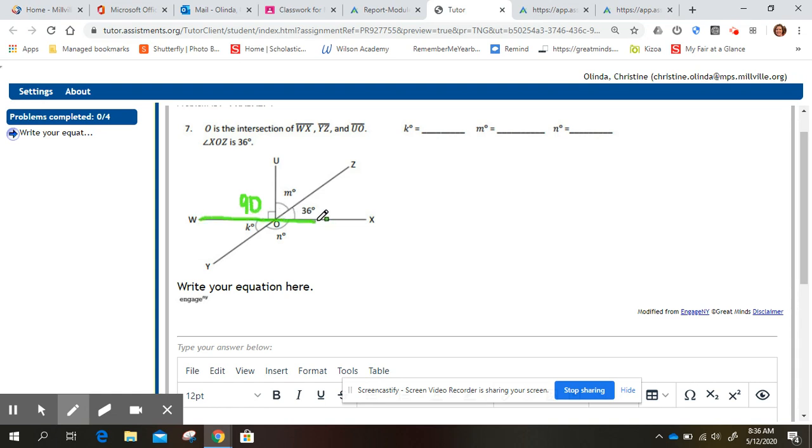One line segment has to equal 180 degrees. So 90 plus M plus 36 must equal 180 degrees. All right, so I need to find 90 plus 36 first.